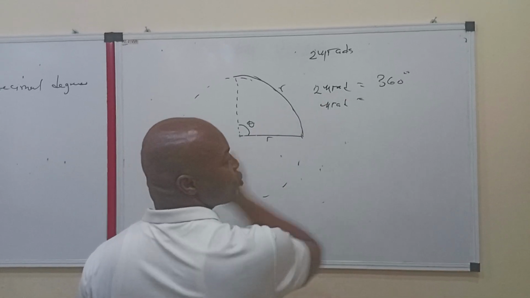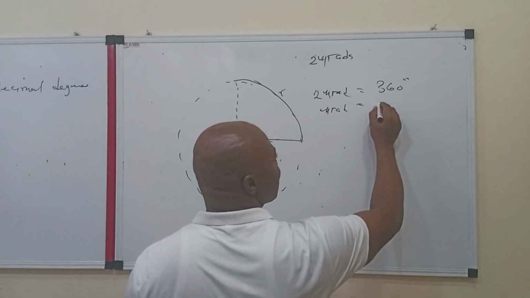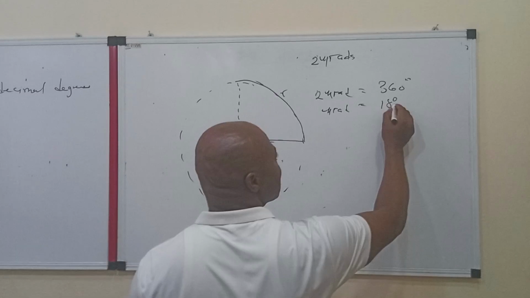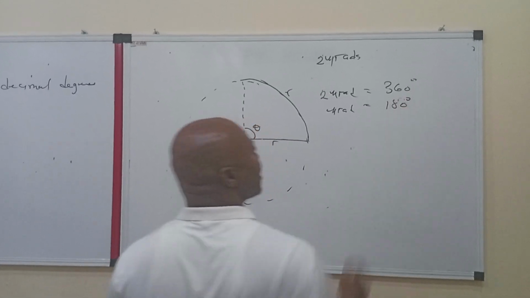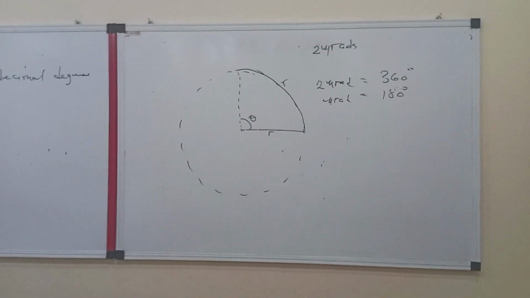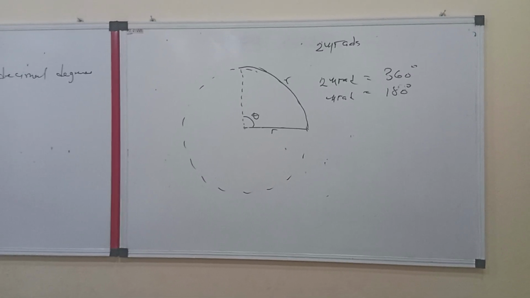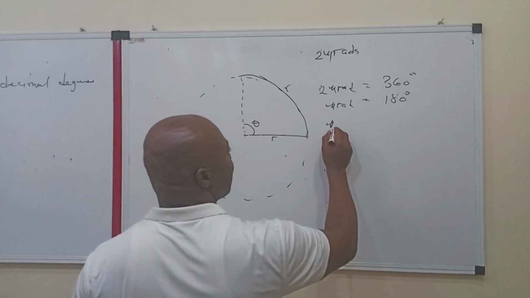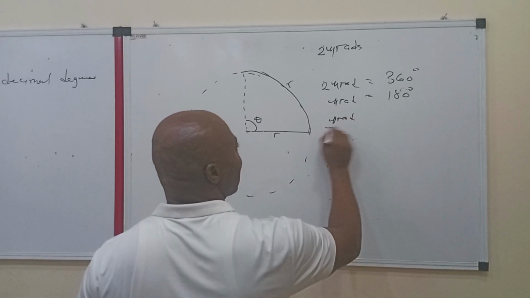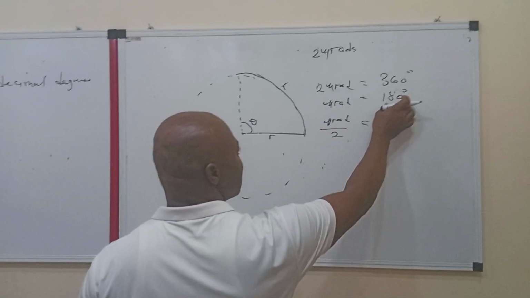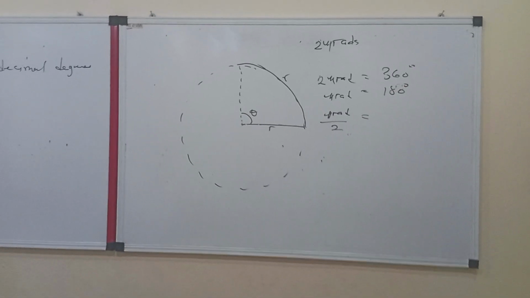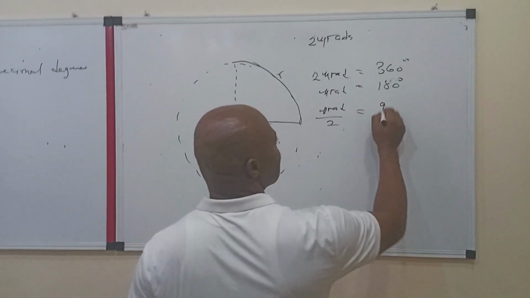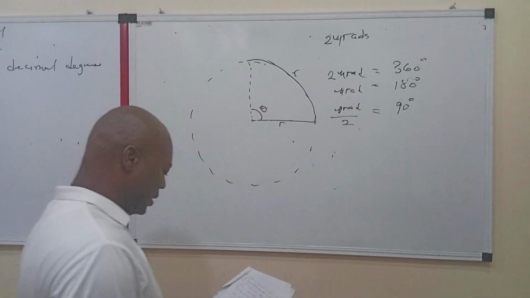If we divide this by 2, that is 180 degrees. Pi radian will give you 180 degrees. What if we are interested in pi rad all over 2? This will give us 90 degrees.